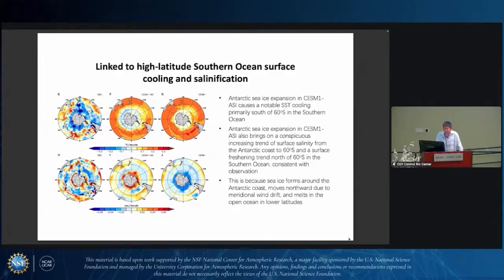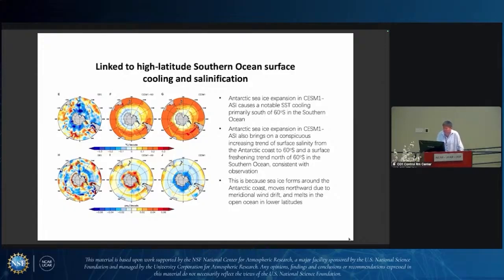On the other hand, if you look at the surface salinity, the observation gives us an increased change for the sea surface salinity close to Antarctic, but outside it would be a freshening change. This feature is well captured by the expansion group. However, the decline group gives us the opposite change.